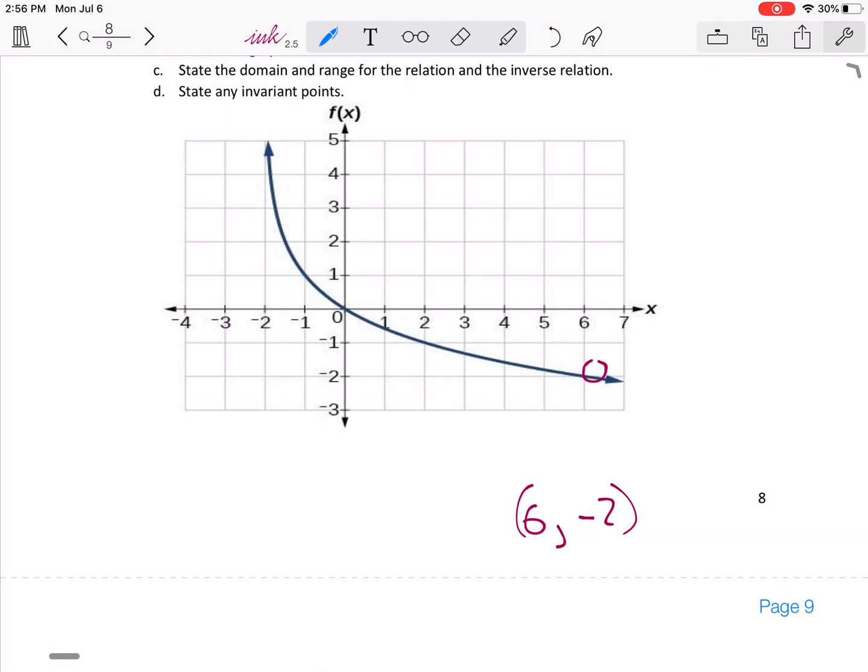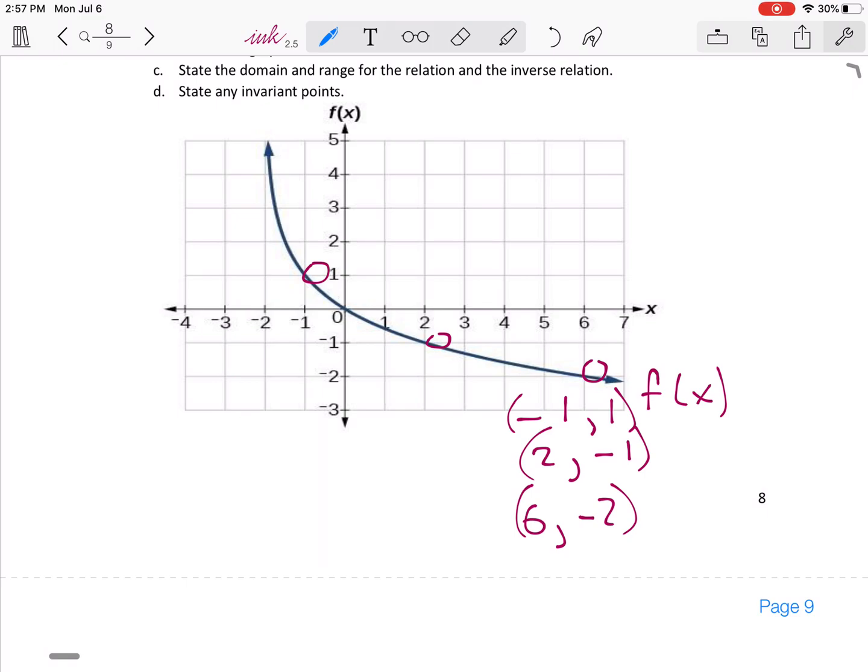I guess we'll call this f(x). Okay, another one we've got here at 2 and negative 1. And then there's one other one right here at negative 1, 1. Okay, so there's your original f(x) function.